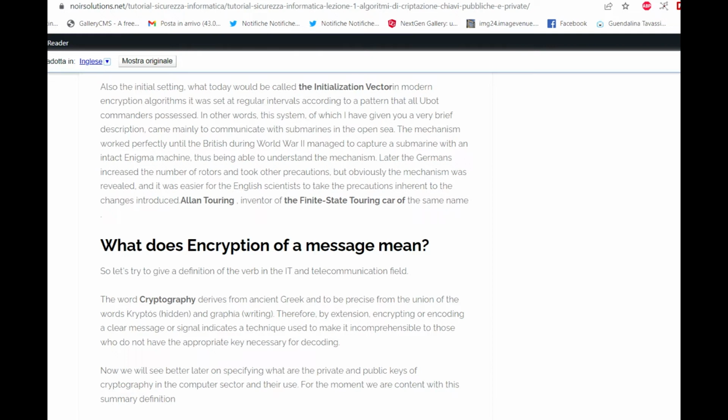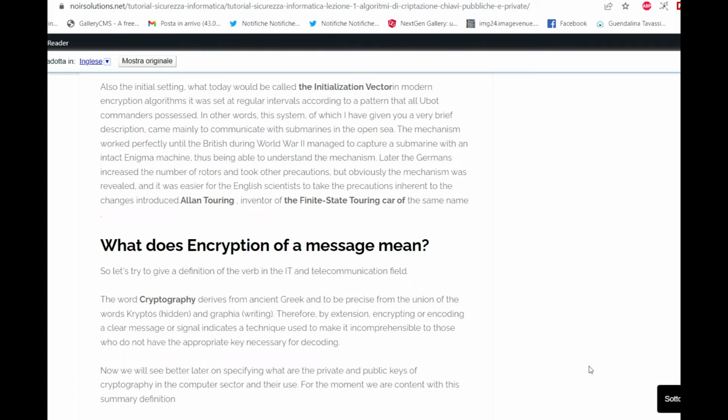Therefore, by extension, encrypting or encoding a clear message or signal indicates a technique used to make it incomprehensible to those who do not have the appropriate key necessary for decoding.